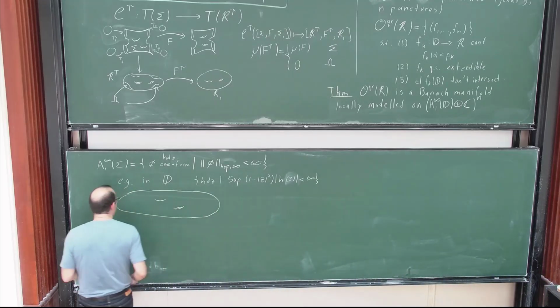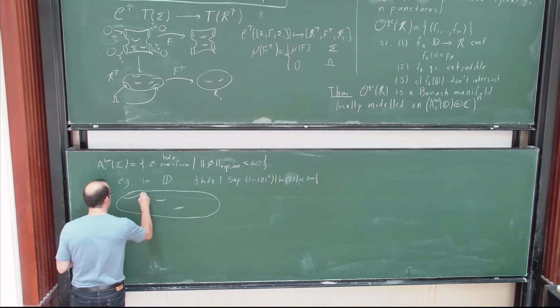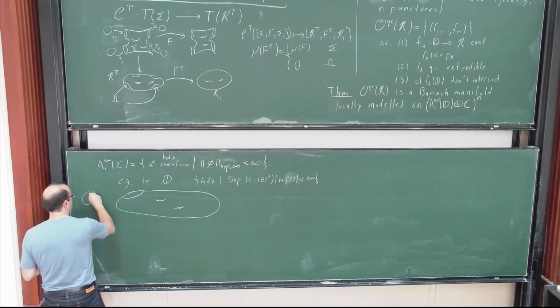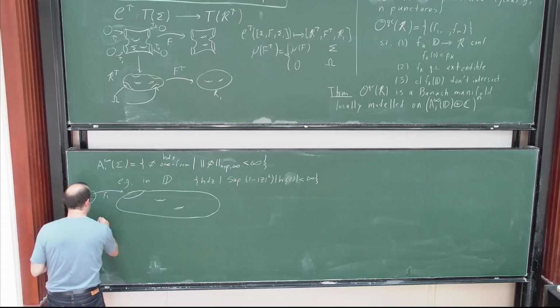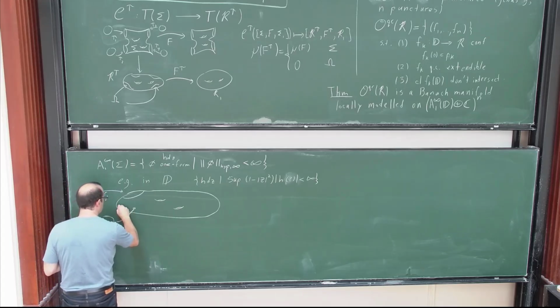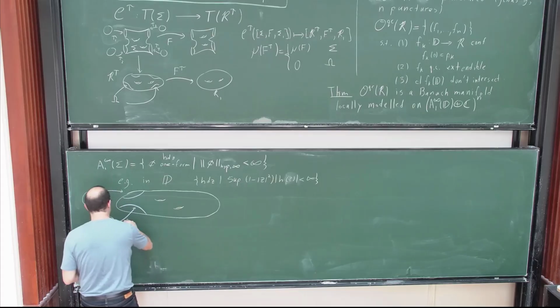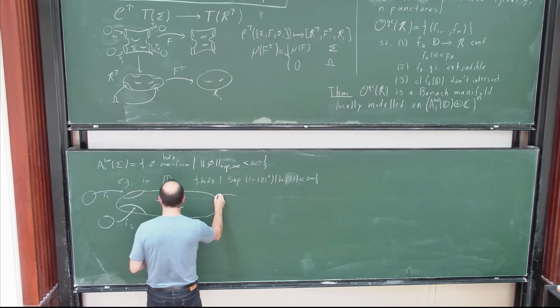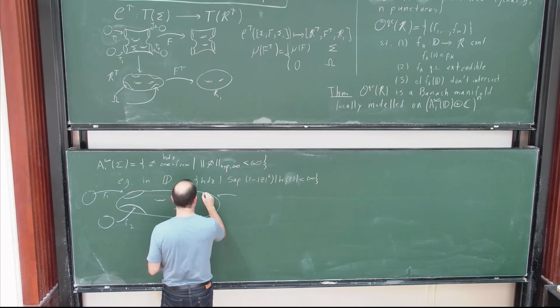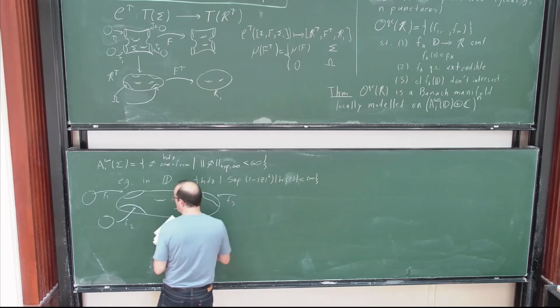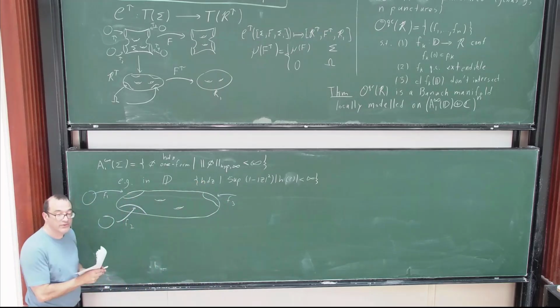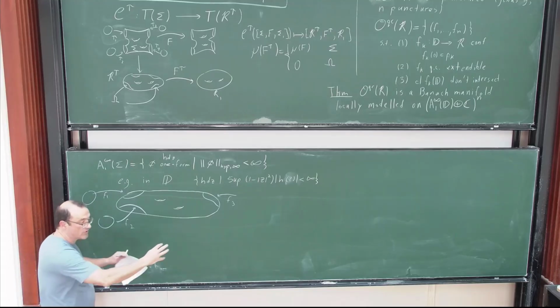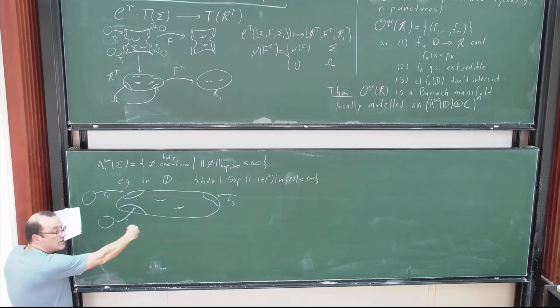Let's say you have some mappings. Just try to draw less of them this time. So put those over here. And what we want to do is talk about the structure as you change these mappings.